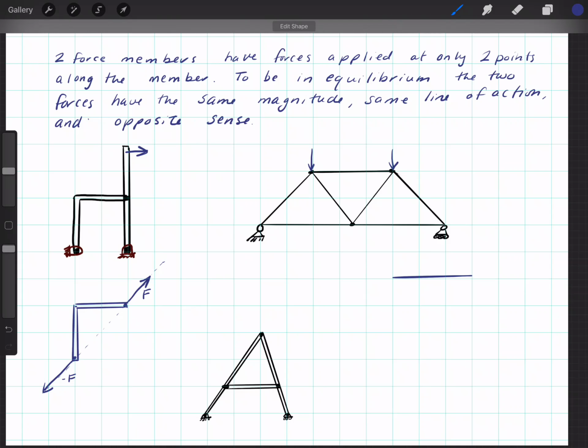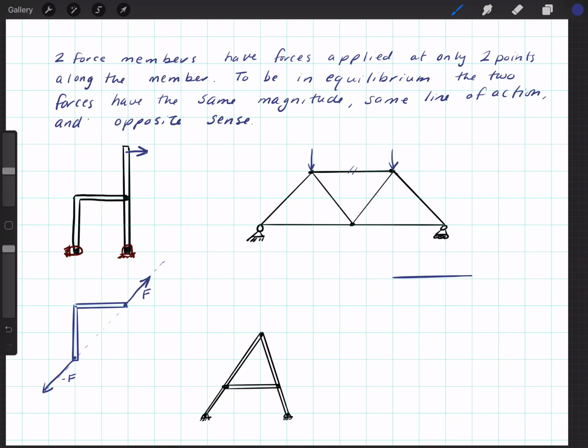If we take a free body diagram of this member right here, then I know the only way this is possible is if the forces on either end of it are equal and opposite, and we know that it has to be directed along that member, and that helps us a lot when we're trying to solve this. So this force would be equal and opposite to this force. And this would be shown in tension. It could also be compression. We show compression as pushing on it.